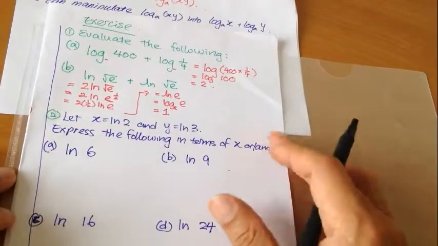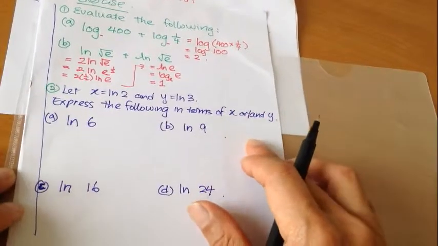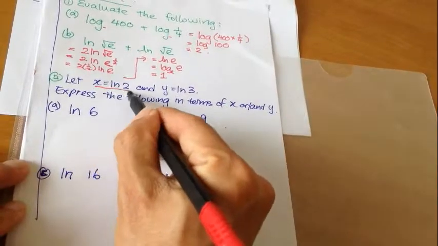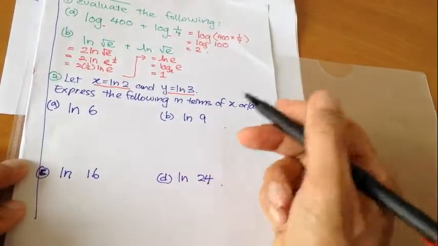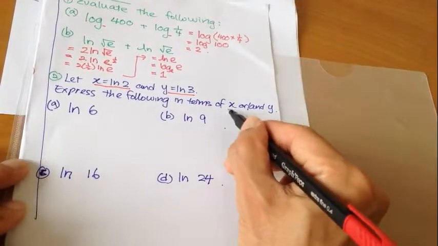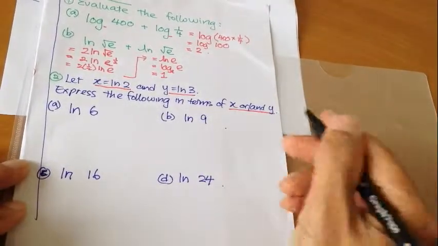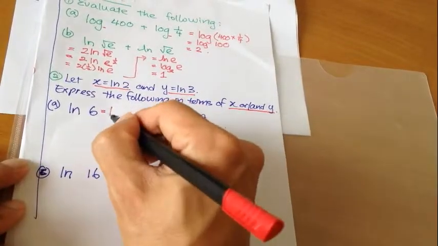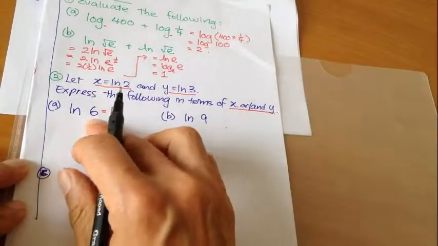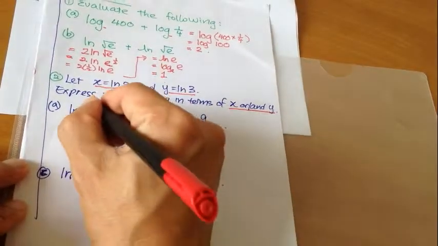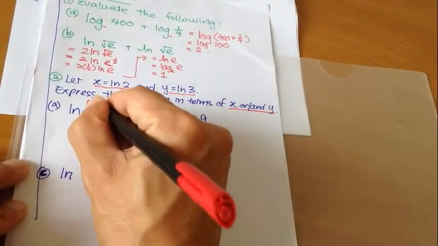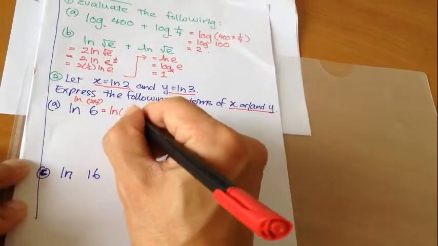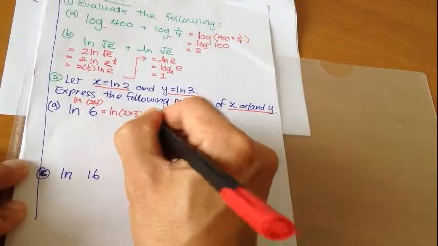Excellent. Now let's look at question number 2. Question number 2 is a little bit more involved. We are given that x is ln2 and y is ln3, and we have to express the following in terms of x and/or y. How about natural log of 6? Well, we can think of this as the product of 2 and 3. So ln6 can be written as ln of 2 times 3.